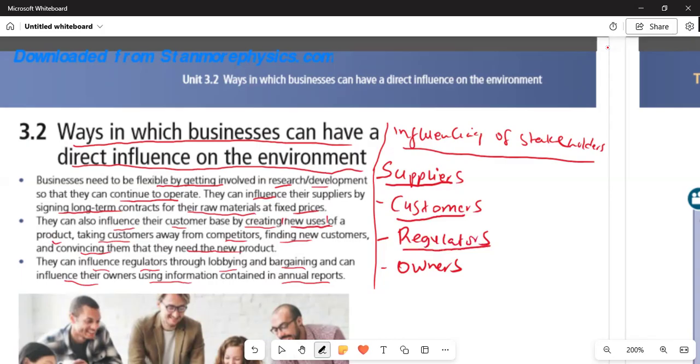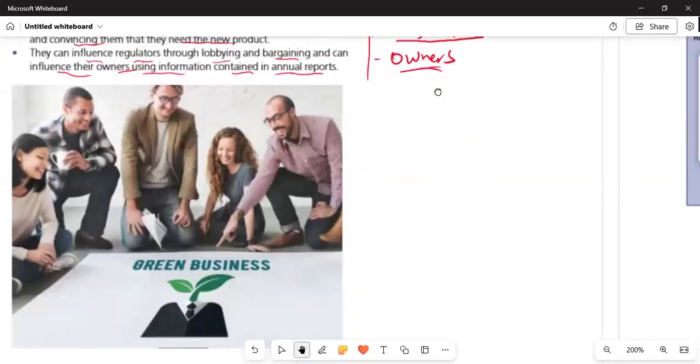Owners, we know very well, are influenced by using information contained in an annual report. The example we can come up with is a startup including detailed ESG metrics in its annual report. Let us move on with people.